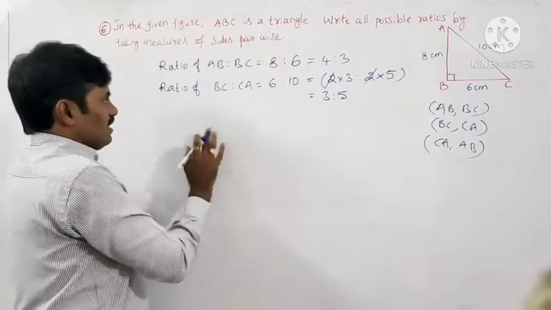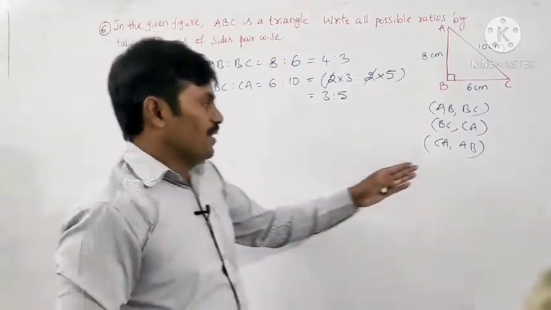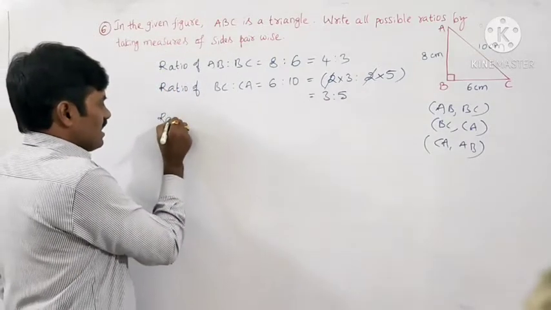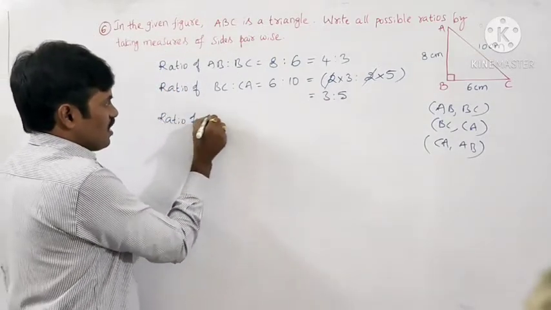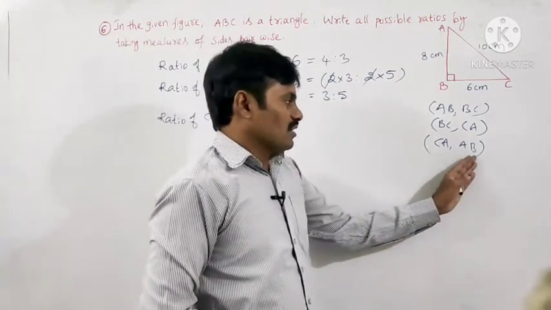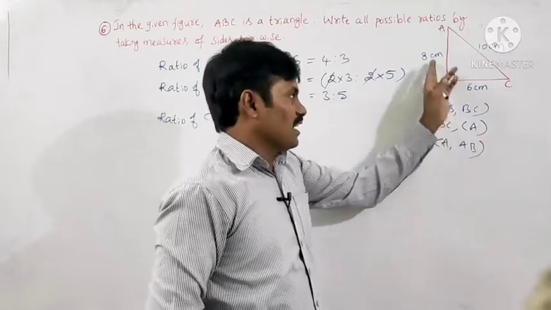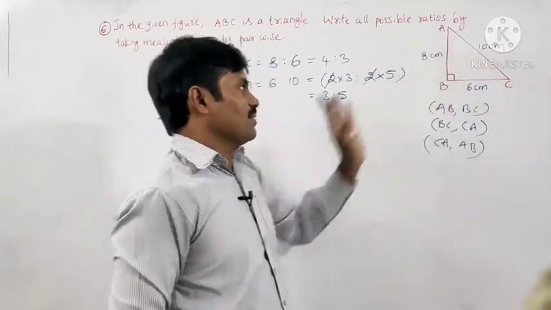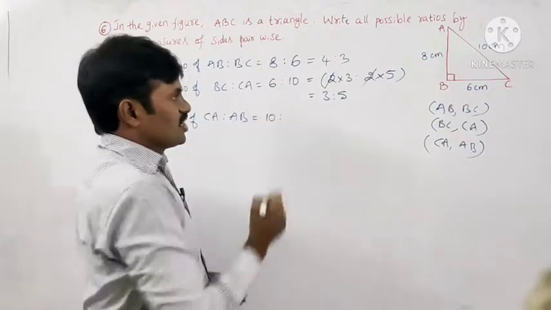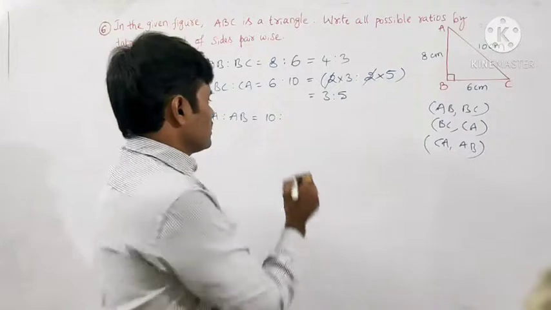Okay, clear beta? Now the third pair is CA AB. You have to find the ratio of CA and AB. Okay, no confusion here. Clearly AB BC, BC CA, CA AB. So what is the measure of CA? 10 centimeters is to the measure of AB 8.